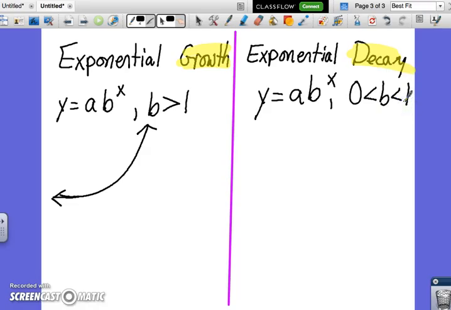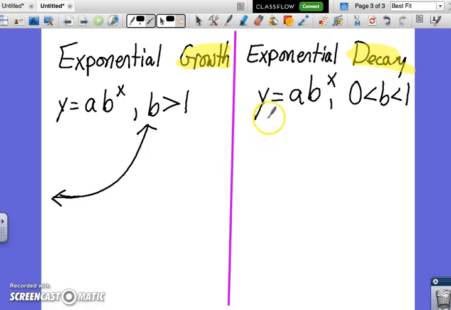So it's a number less than 1, but greater than 0. Can it be 0? No. Can it be 1? No. But any number in there: any decimal, any fraction between 0 and 1, 1/8, 1/4, 0.25, 0.86, 4/5, 8/9, anything in there, would be an exponential decay.